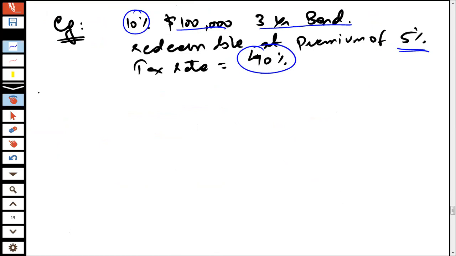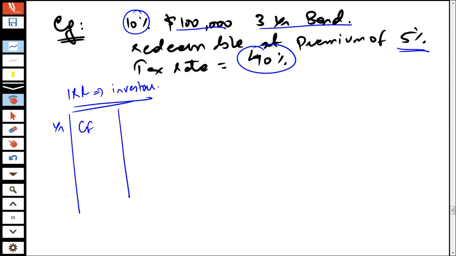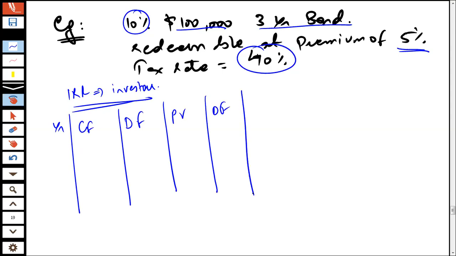First of all, remember, the IRR is always calculated from the perspective of an investor. So you would set up columns: cash flow, discount factor, present value, and then another discount factor and another present value.